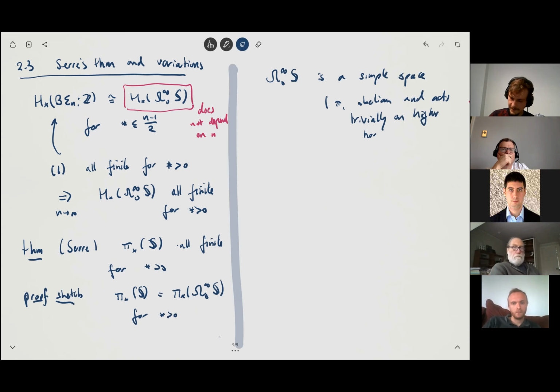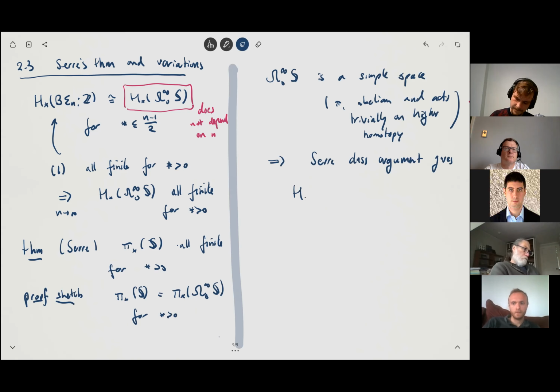In particular, you can do a Serre class argument to prove that the reduced homology of this space is finite in all positive degrees if and only if the homotopy groups are.